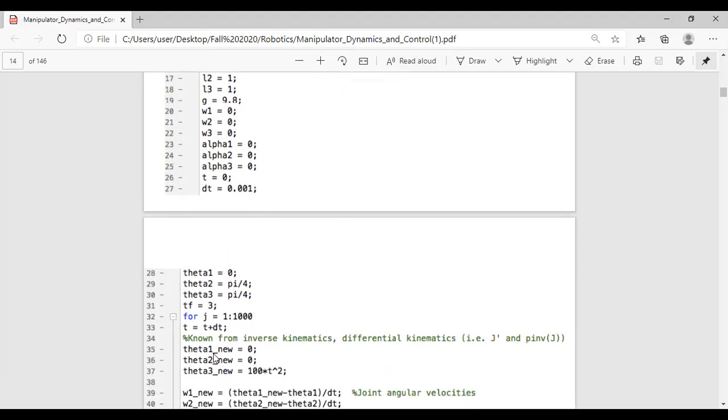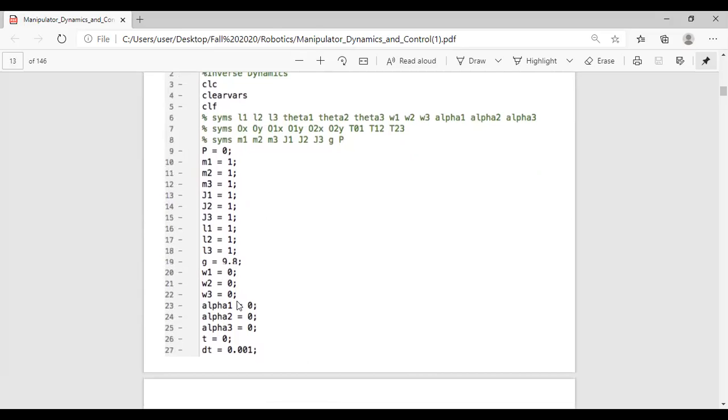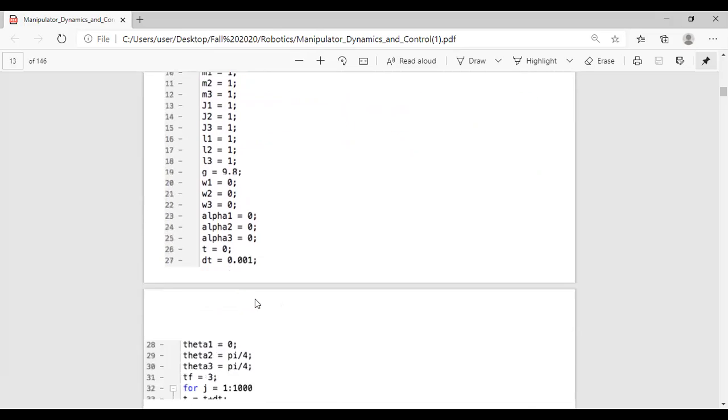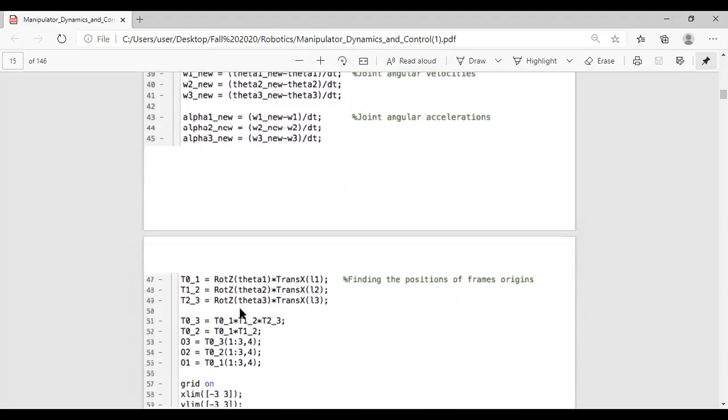I am forcing particular thetas, theta 1, theta 2, theta 3, as a function of time, and as a result I get my omegas and my alphas. Does that make sense? I'm not doing any inverse kinematics here. I'm simply working in the joint space, specifying what I would like for thetas as a function of time. I find my omegas, and then my alphas.